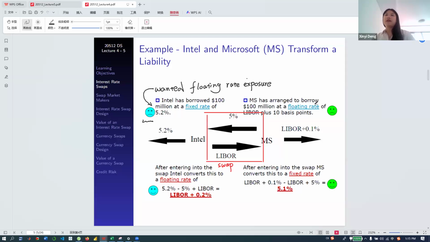And Microsoft has arranged to borrow 100 mils at a floating rate of LIBOR. I think you guys should have already known that LIBOR is just a reference rate. And so you basically utilize that reference rate to determine the rates for other financial instruments. And that LIBOR rate is a floating rate determined by the market.